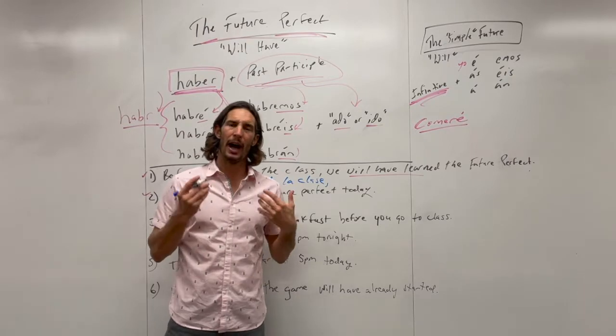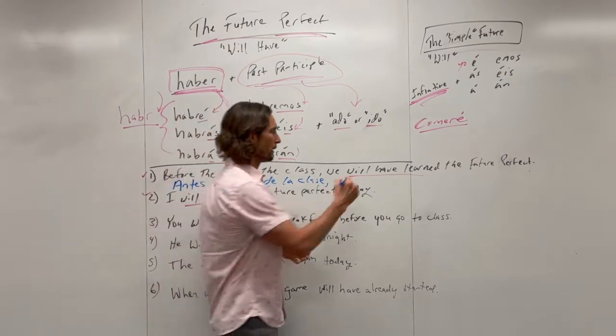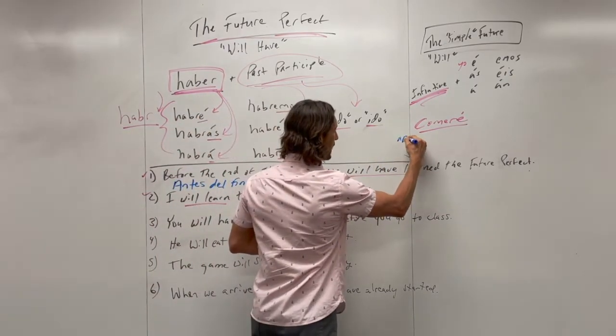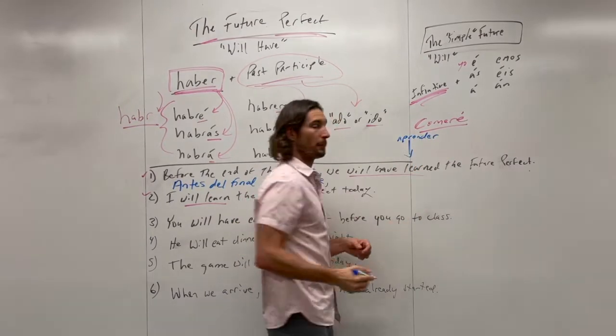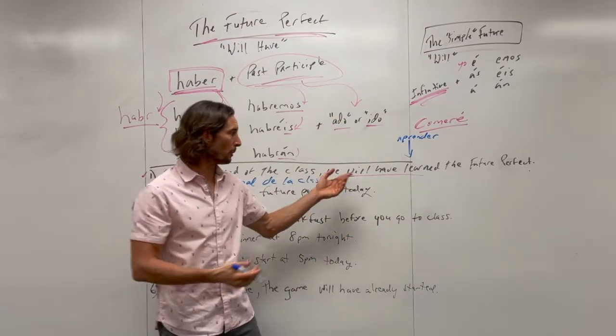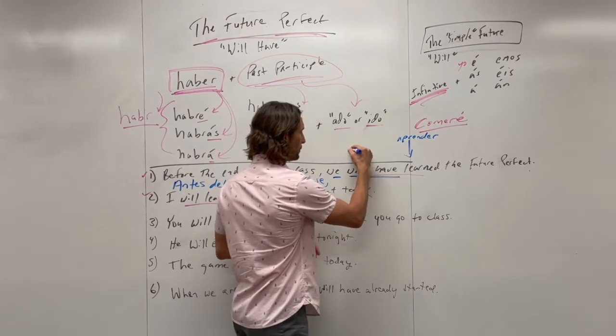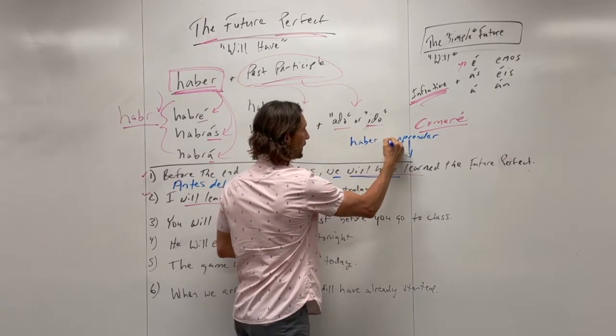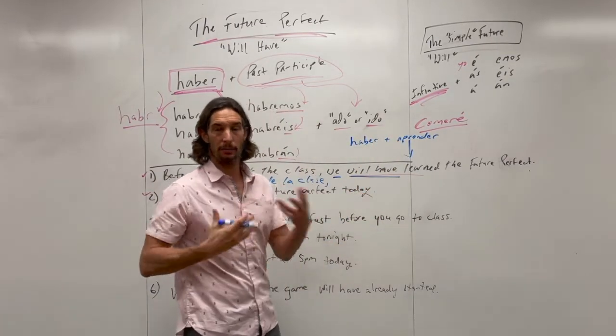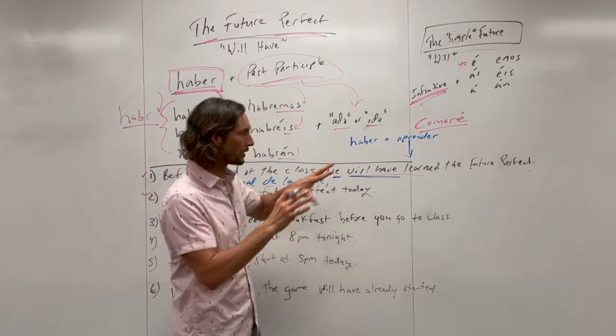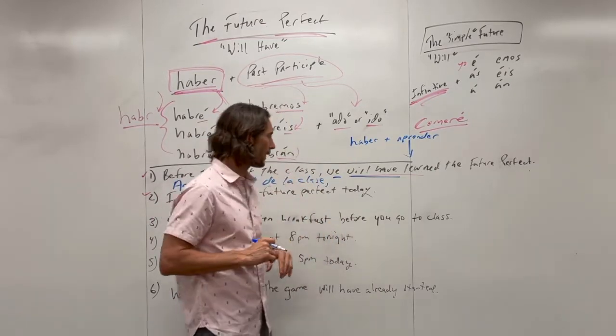And so how do you say to learn? That is aprender, that's the verb for to learn. And so we will have, so we want to use haber plus aprender, as a past participle, of course. And so that's sort of what we're working with. So let's see how that looks.